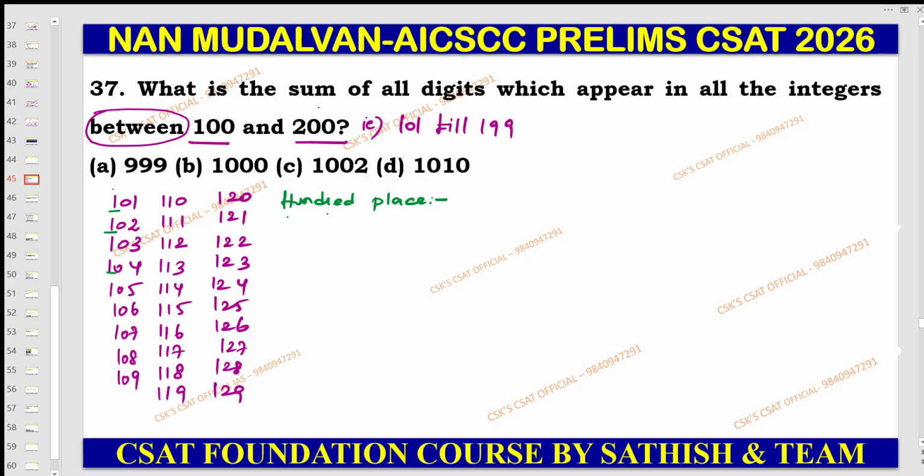Right. So the 100 place, if you see this one, what is happening here in the 100 place? All are 1. So therefore 1, that is the 100 place. 99 times here, 99 times 1 comes.